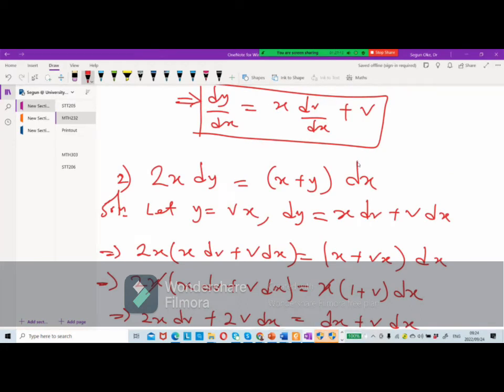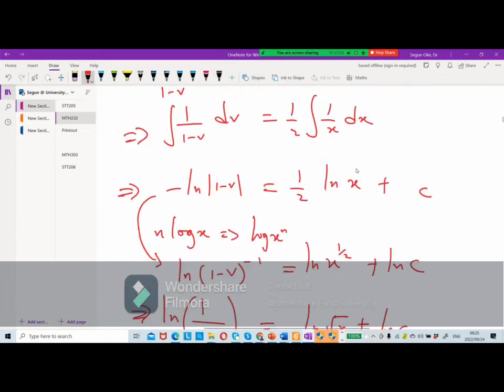Although I agree with you, we can just divide both sides by 2x dx. You are right, it's possible.